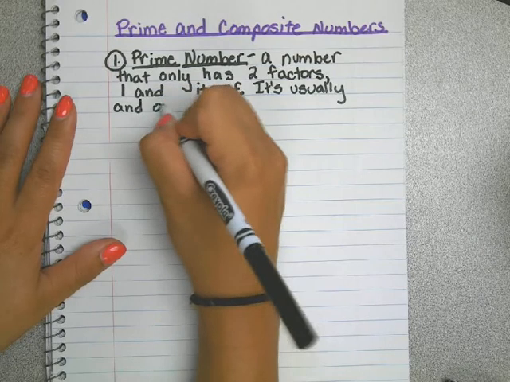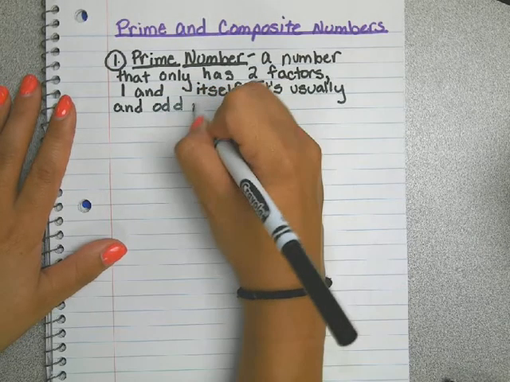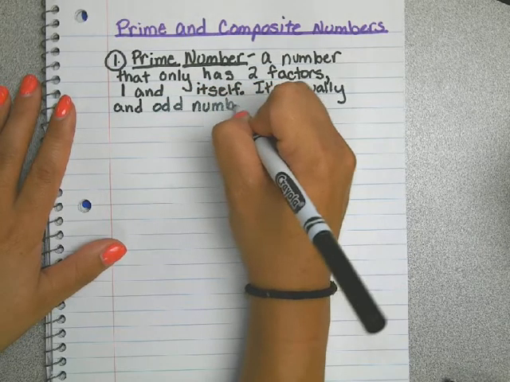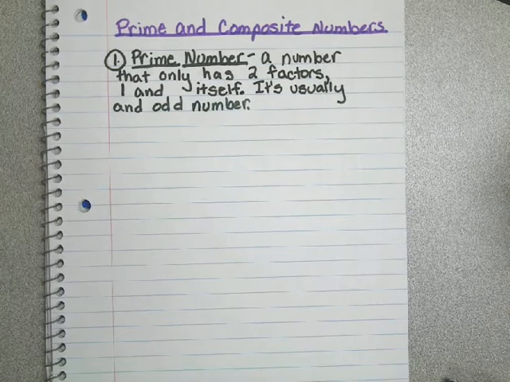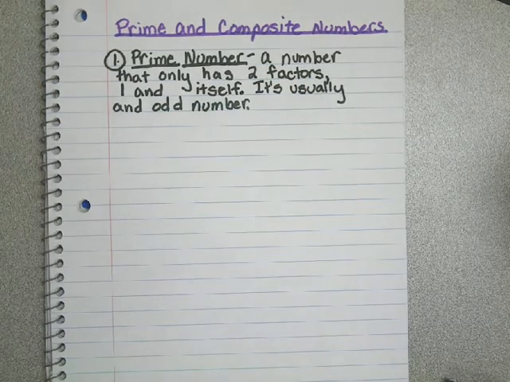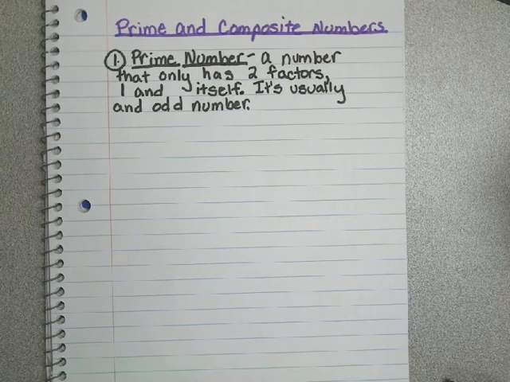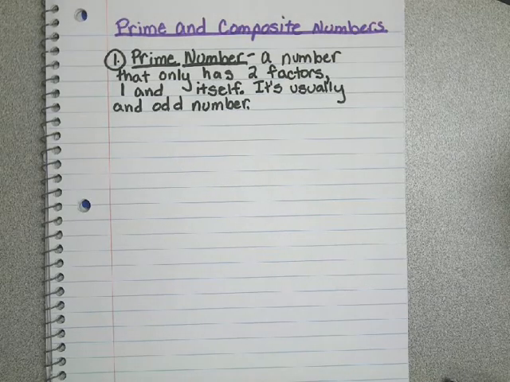I want to add to that what Allison said. It's usually an odd number. As a matter of fact, there's only one even number that is prime.